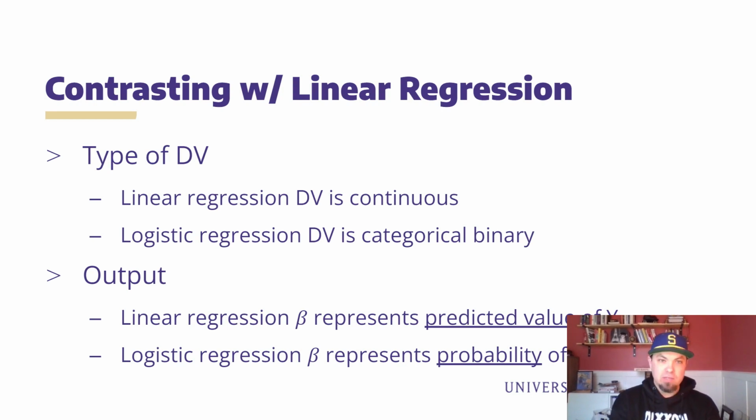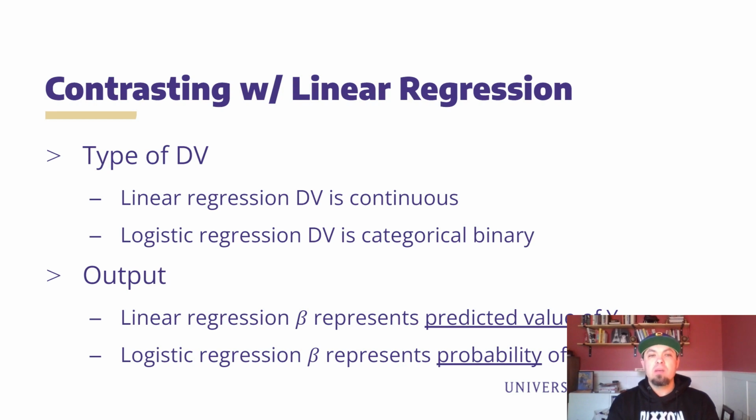In linear regression, we use a continuous dependent variable, whereas logistic regression uses a dependent variable that is binary. Another big difference between linear and logistic regression is the type of output that each model produces. Linear regression produces a continuous output, which represents the predicted value of the dependent variable given the values of the independent variables.